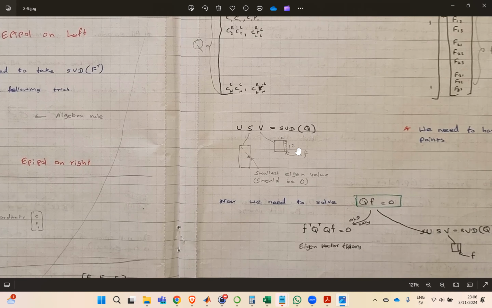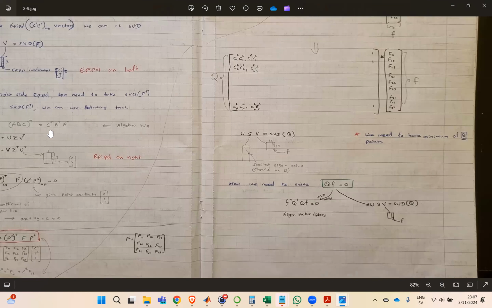And one more thing: we said one of the eigenvalues of this F is 0. Because of that, it's not invertible. You remember I said it before?